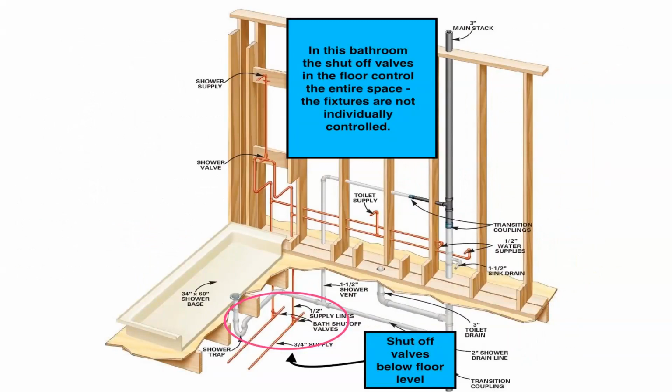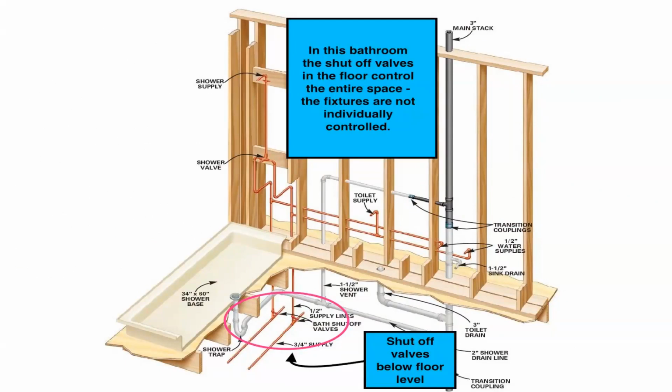In this illustration here, you can see that we've located the shutoff valves below the floor level and making them accessible by a panel or opening below the floor level there so they can be used. So those supply lines will actually shut off for this entire bathroom if those are utilized.